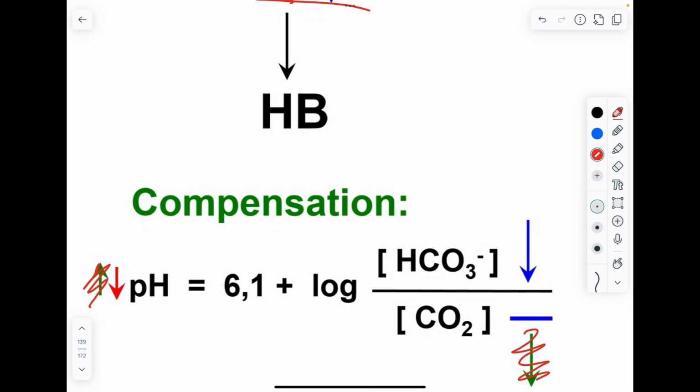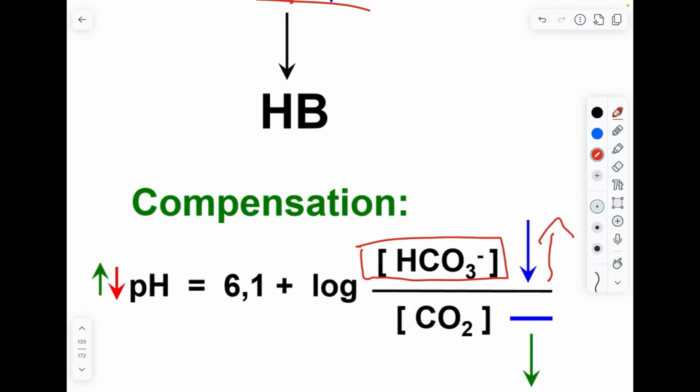Let's take the green for now and see what's the problem. Less HCO3, normal CO2, as we said, doesn't change. This causes a lower pH than normal. How do we compensate for that? We could, as we said, do this, but that's not an option because the body does not treat the disturbance. That is our job.